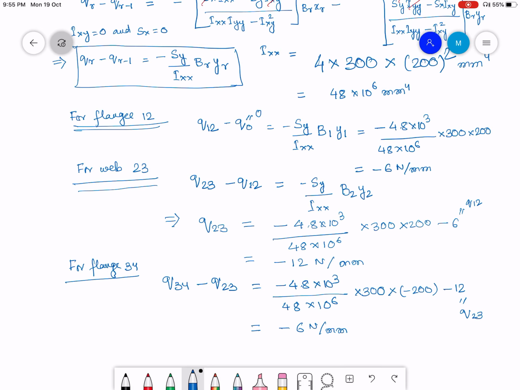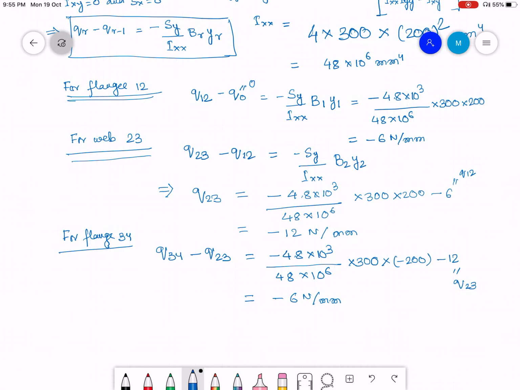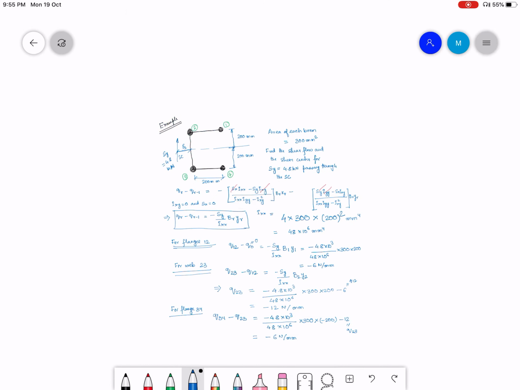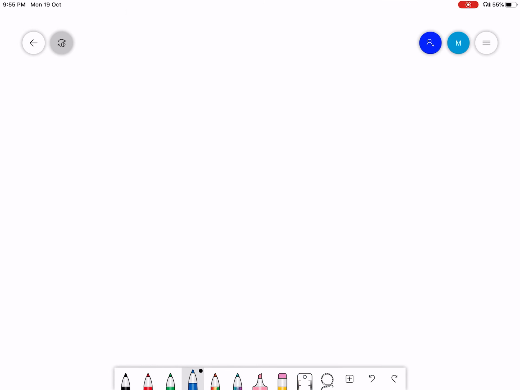Now let me try to draw the shear flow. If I draw the shear flow, it is going to look something like this. So let me first draw the section.